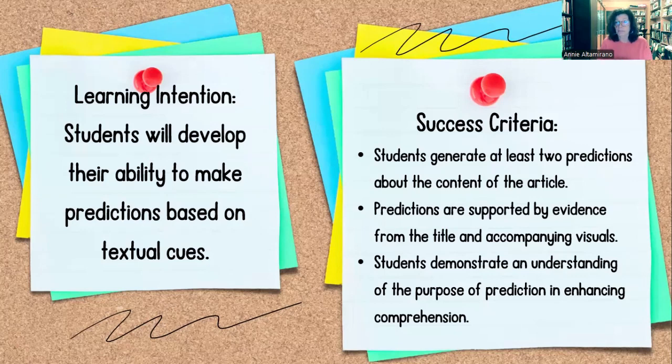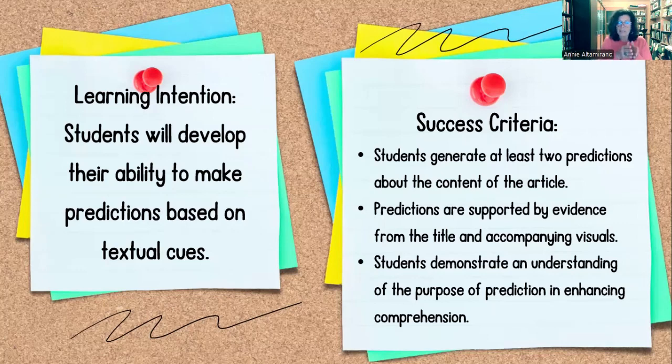Predictions are supported by evidence from the title and accompanying visuals, and students demonstrate an understanding of the purpose of prediction in enhancing comprehension. In this example, the learning intention focuses on honing students' predictive skills, while the success criteria outline specific behaviors and outcomes indicative of the successful prediction.